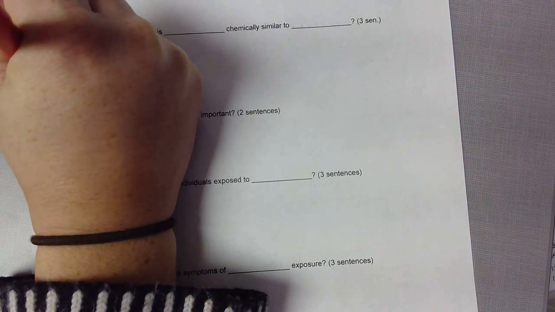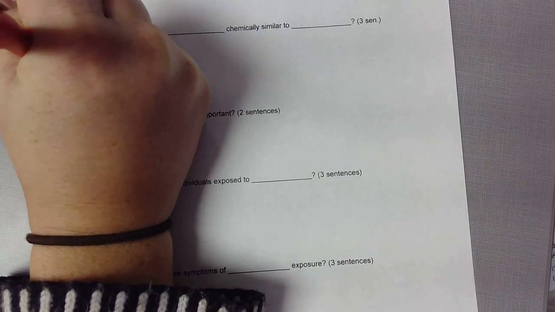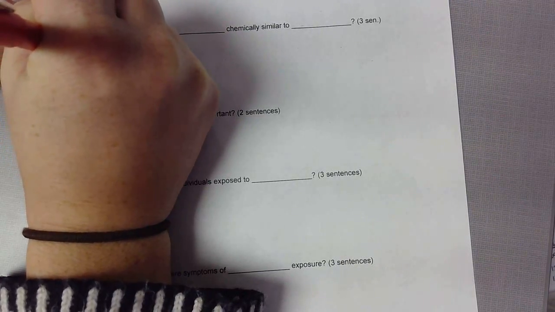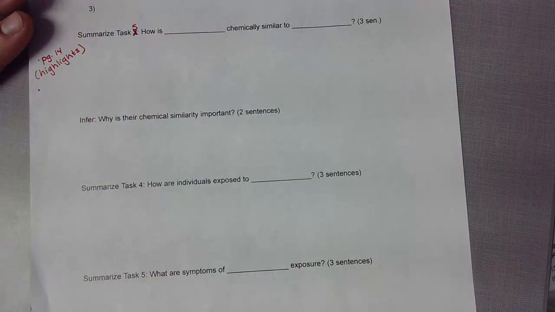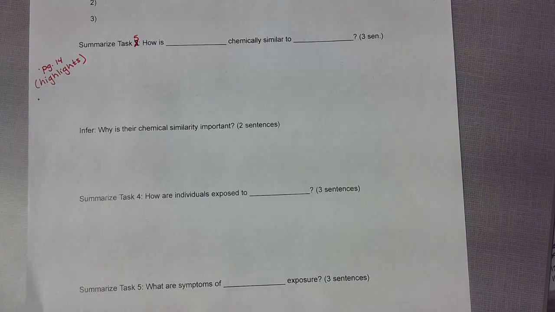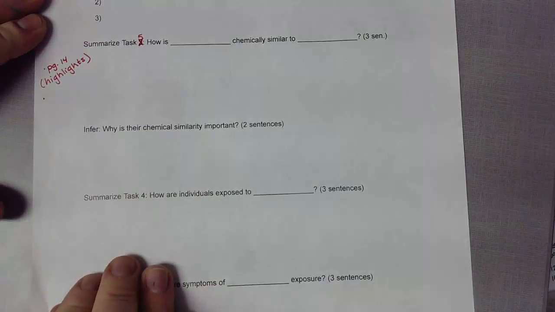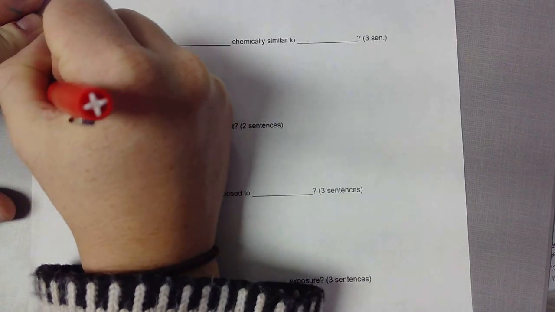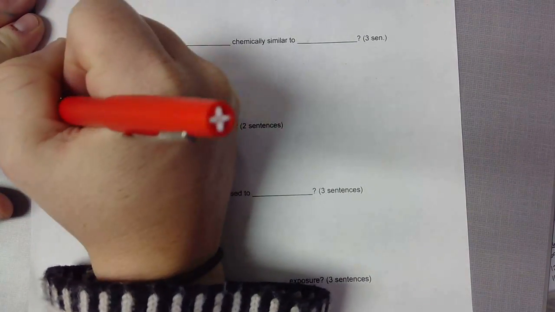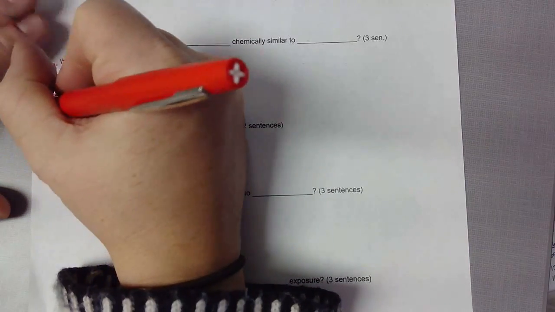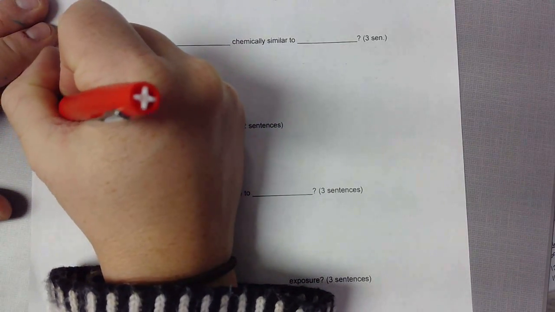You're looking at what you highlighted. But you've also summarized this again. You summarized page 14 on page 16. And this would be question number 1 on page 16.